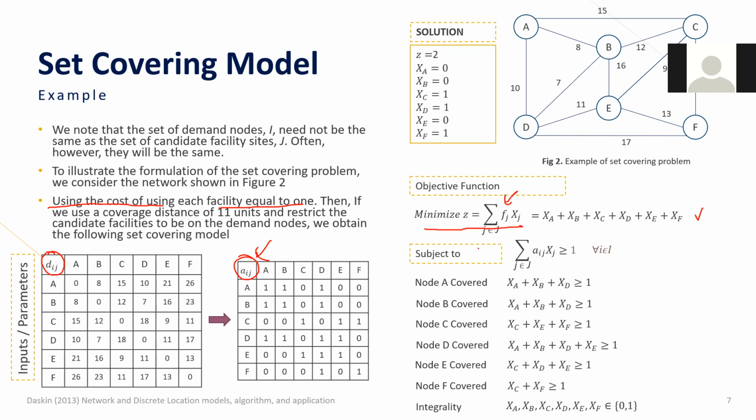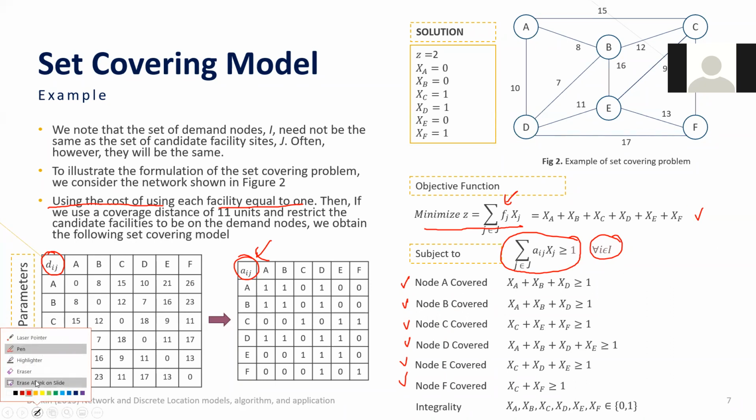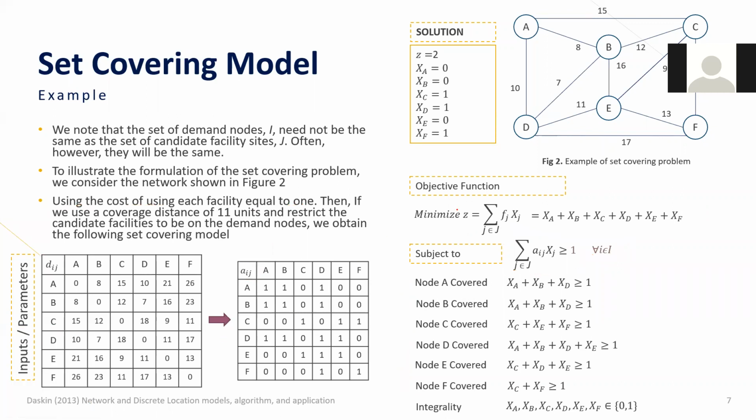And then for the constraint, you have Aij multiplied by xj greater than or equal to 1 for all i. So first you will need to check for all i here: node A covered, node B covered, node C, node D, node E, node F. For each of those customer nodes, you will need to check which facility covers that node.